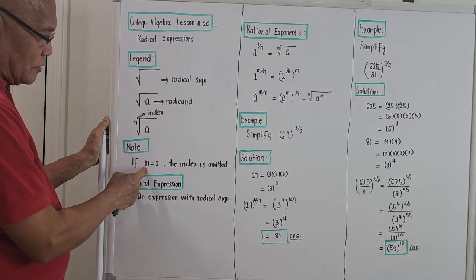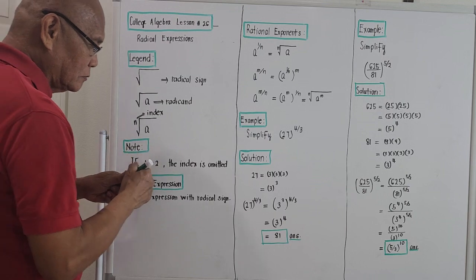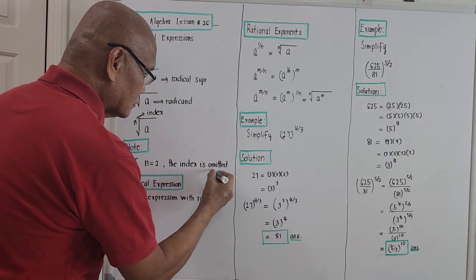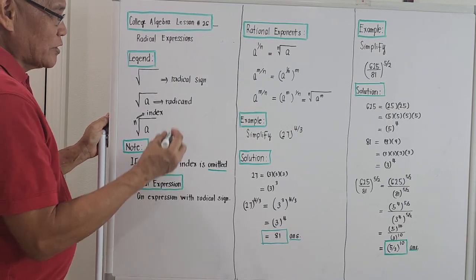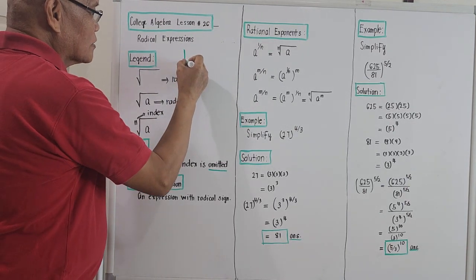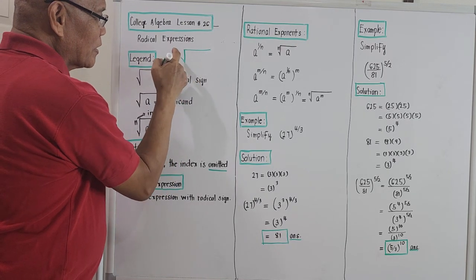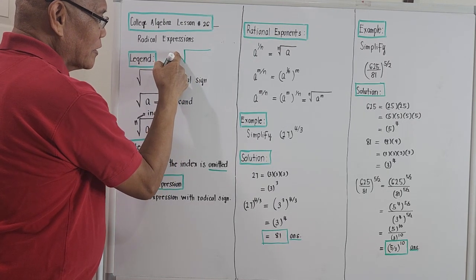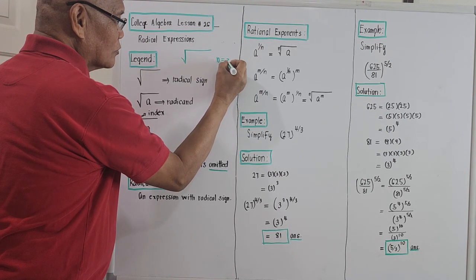I will try to bring out a note over here. If the value of n is equal to 2, the index is actually omitted. Meaning to say, if we got a radical sign here and there is no number here, it is understood that the value of n is equal to 2.